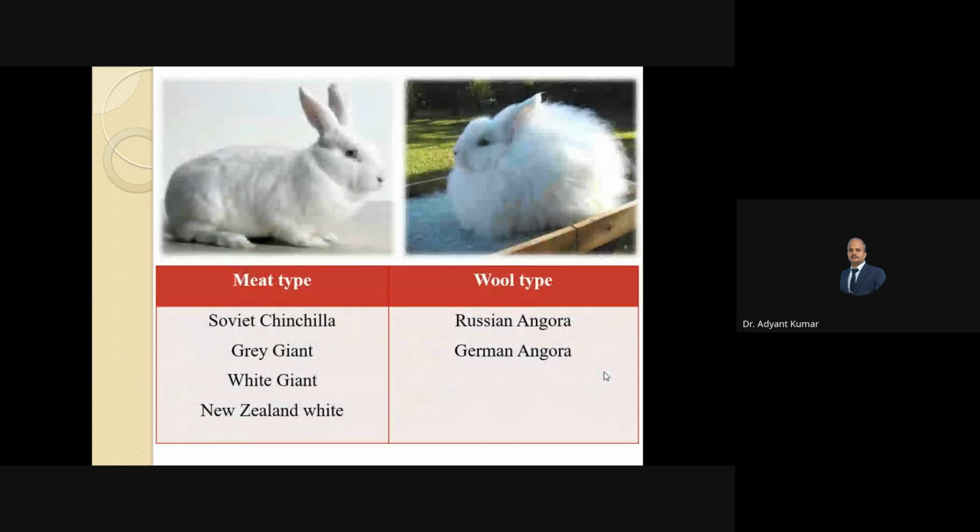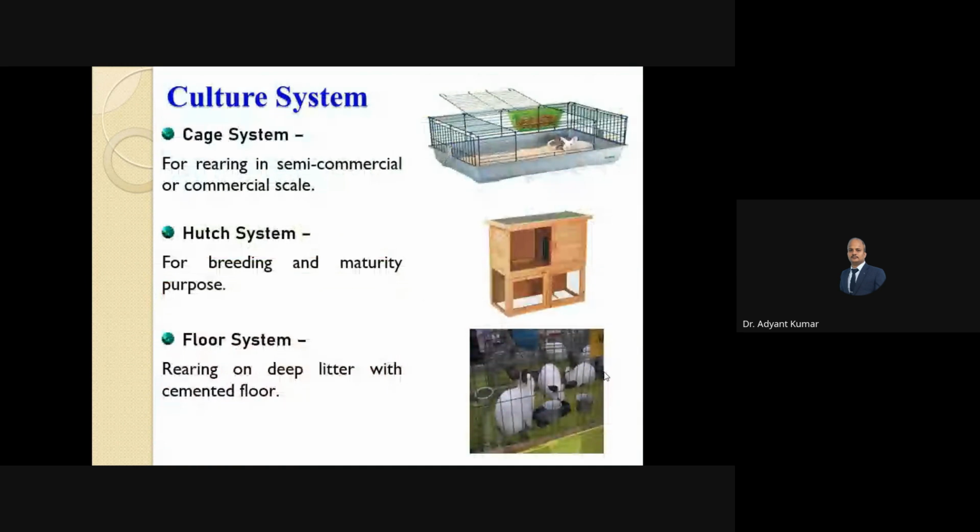But when we talk about domestication of rabbit for meat type, Soviet Chinchilla, Grey Giant, White Giant, and New Zealand White are preferred. For wool type, Russian Angora and German Angora are preferred.